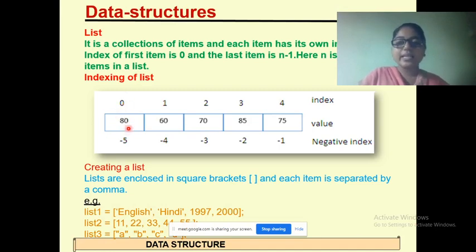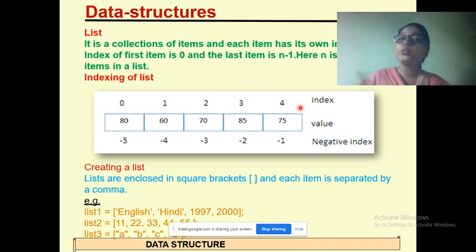So the first element has index 0 and the index is incremented by 1. For the second element the index will be 1. So the indexes are 0, 1, 2, 3, 4 and so on. These represent the index.